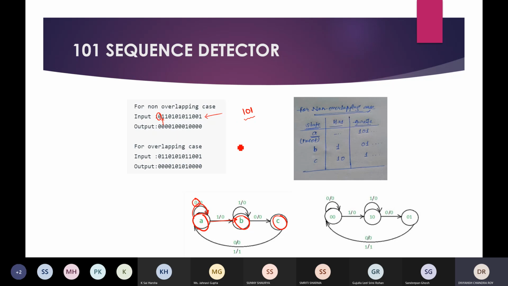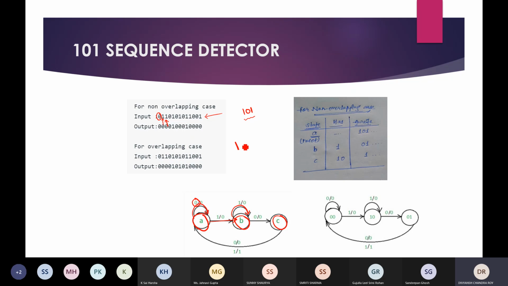Now we have detected 1 and we require 0. If I get 1 as the next input, this is not our sequence and it can be the start of the next sequence 101, so I will stay at the same state, having detected only 1. Again I require 0.